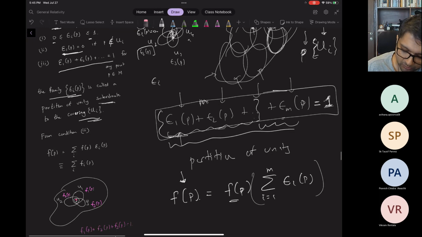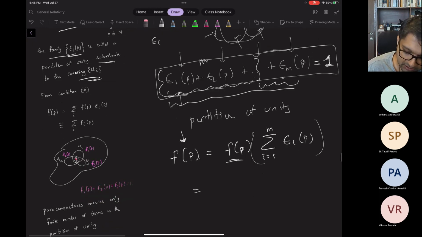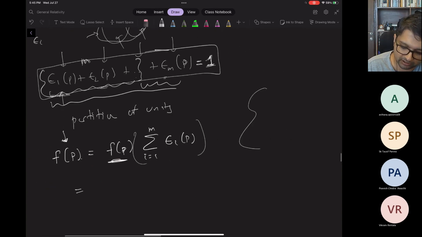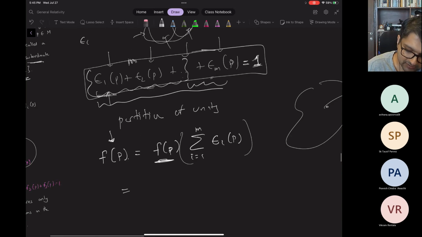So this is by definition 1. And now this does not depend on which coordinate patch we choose. If I have some function from the manifold to real numbers, the value of this function at the point P doesn't care about any partitioning that I do. So I can pull it inside the integration.